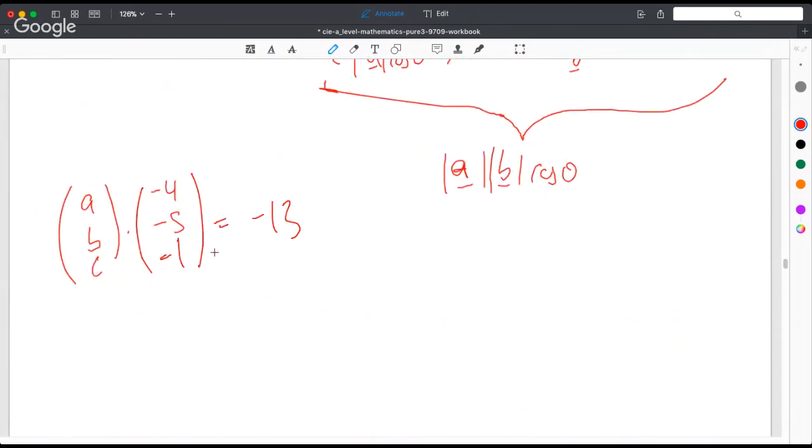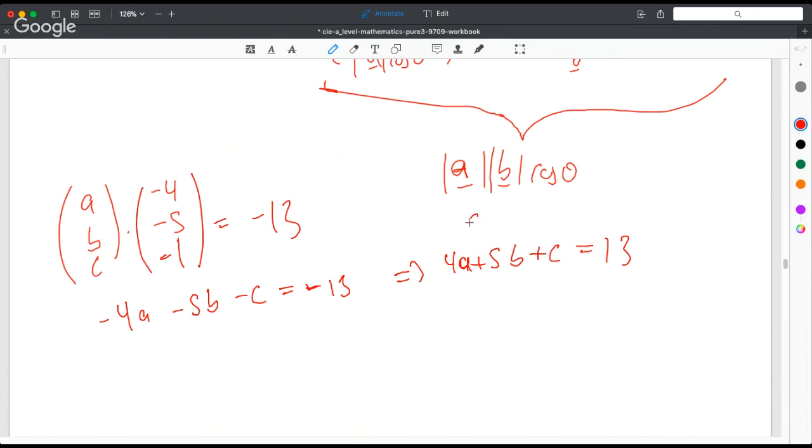And that needs to equal -13. So I get -4A, -5B, -C equals -13. I'll rewrite that actually, 4A plus 5B plus C equals 13. So this is the equation for the plane. Anytime you take some values, 4 times A plus 5 times B plus C equals 13, that means it's on the plane.